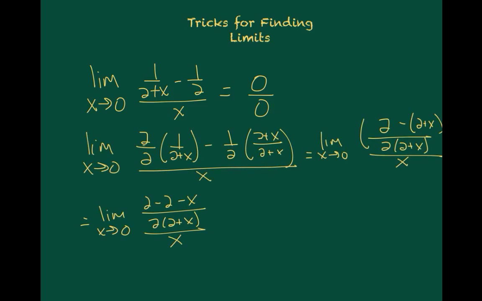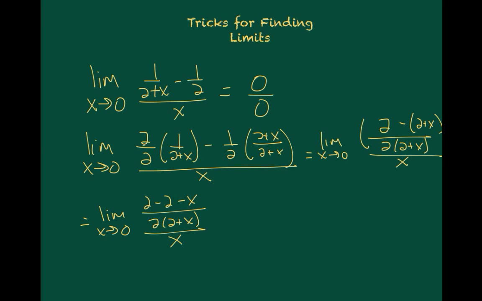Okay, it might take a little bit of time to catch up with my work, but since I'm getting a common denominator between 2 plus x and 2, I'm going to multiply the first fraction by 2 over 2 and the second fraction by (2 plus x) over (2 plus x).